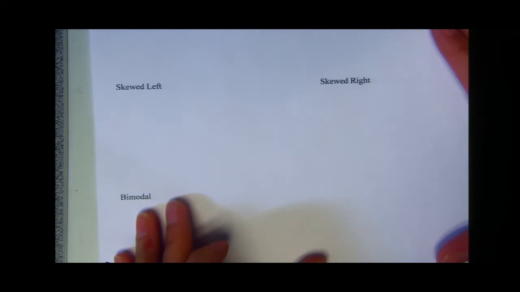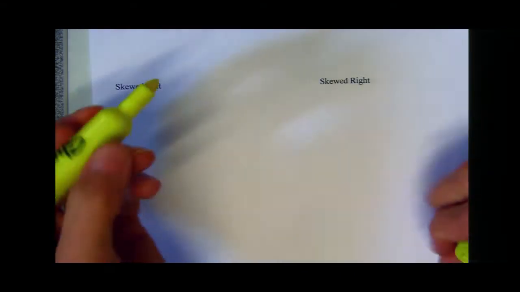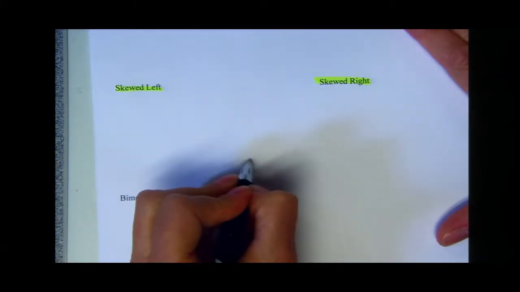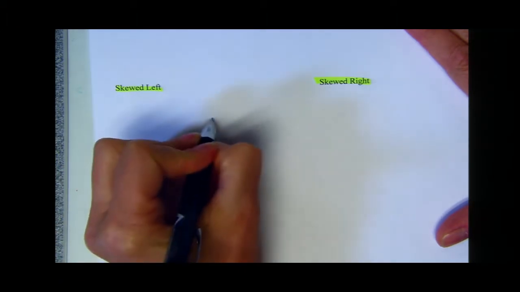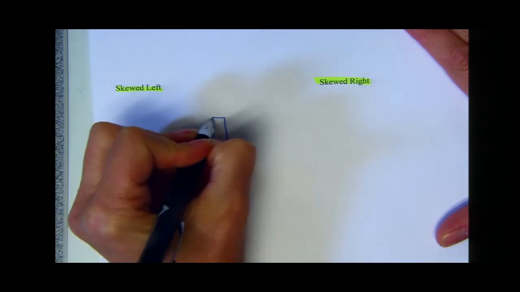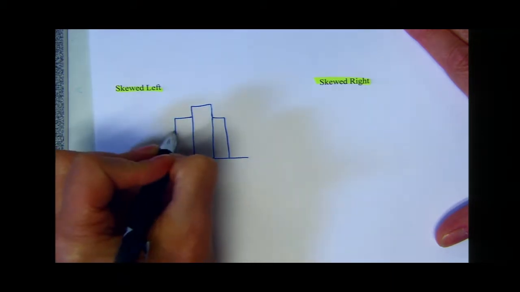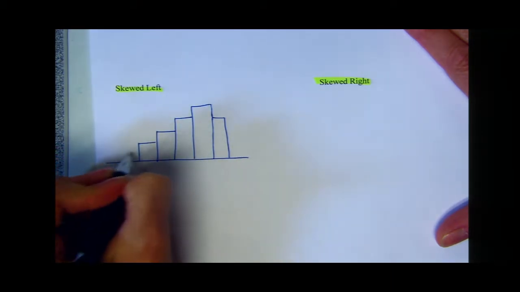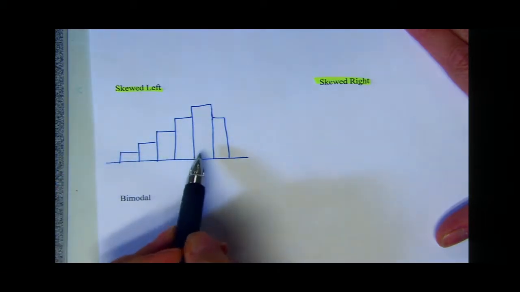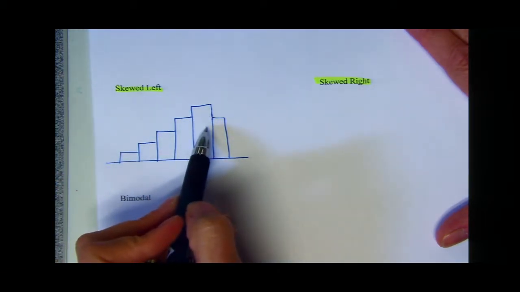Then we have what is called skewed left or skewed right. So skewed left might look something like this. Basically it means if you look at your tallest bar, it's heavier to the left side, having more bars.